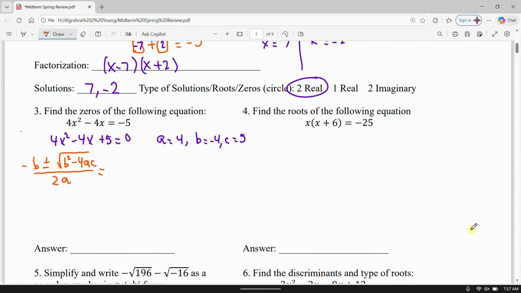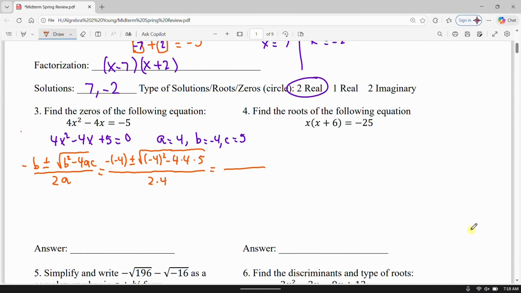Let's plug the numbers in. Negative b is negative of negative 4, and plus or minus means there are going to be two solutions. You're going to have a square root; keep the negative 4 in the bracket, and then minus 4 times 4 times 5, over 2 times 4.